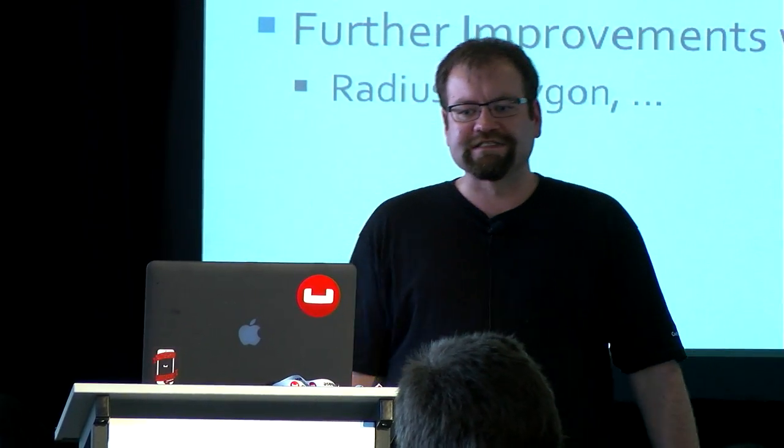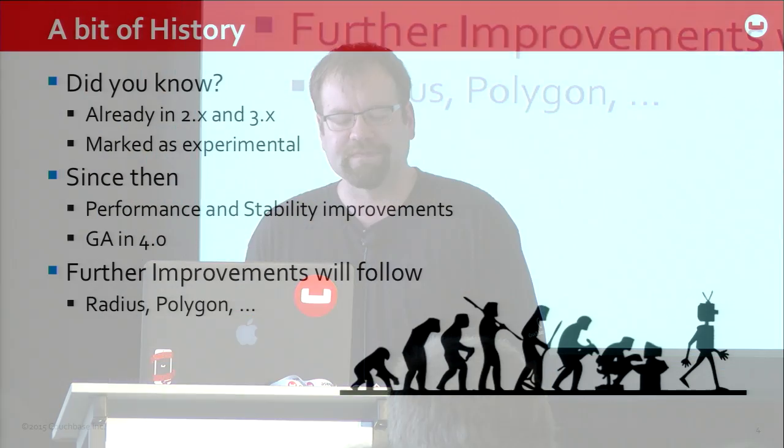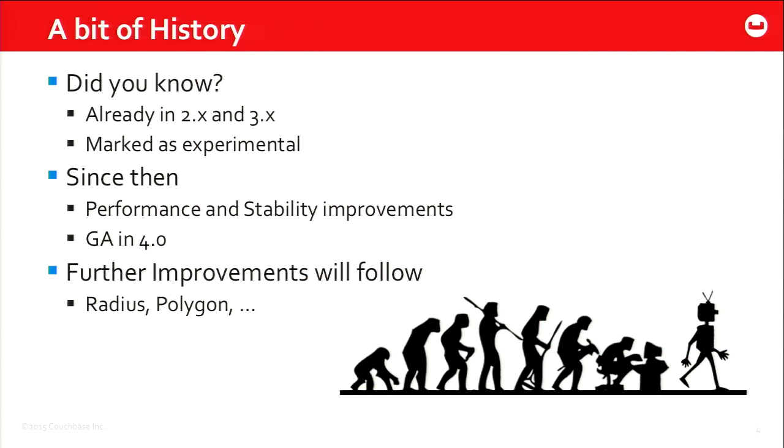So let's talk a little bit about the history of our spatial views functionality. Who of you knows it already? Okay, so you already tried it out, played around with it as part of version 3.x, I guess.